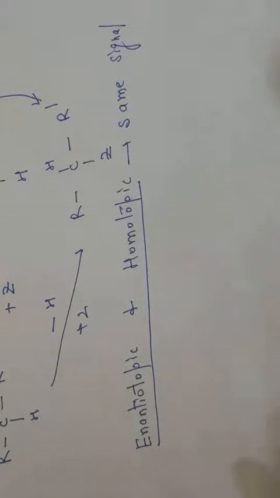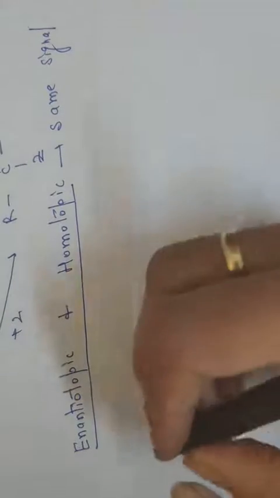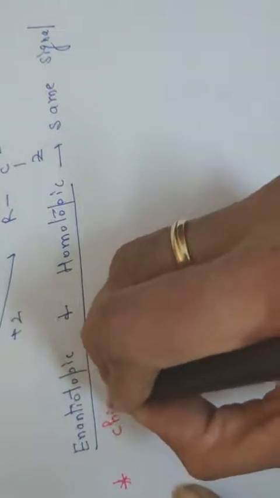Heterotopic protons will give different signals in the NMR spectrum. In order to find out which protons are heterotopic, or particularly which protons are diastereotopic and will give different signals in the NMR spectrum, look for the presence of a chiral center in the molecule.